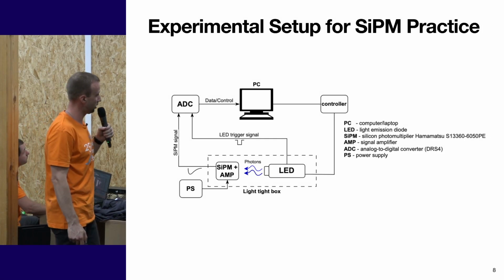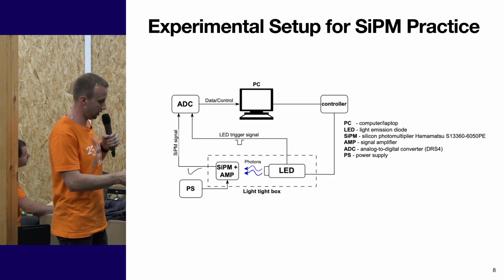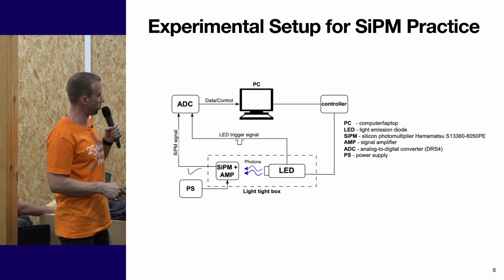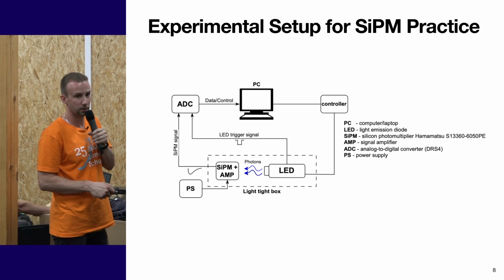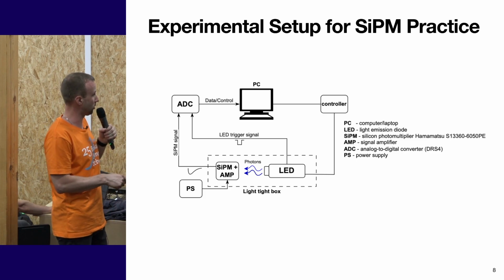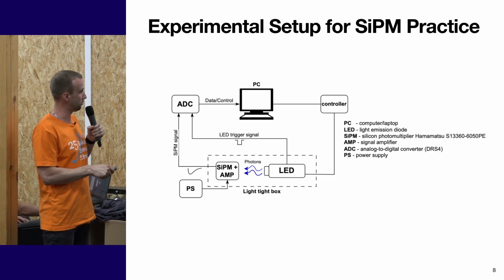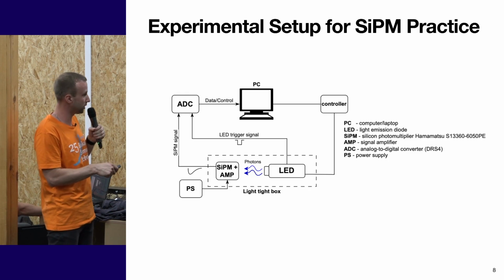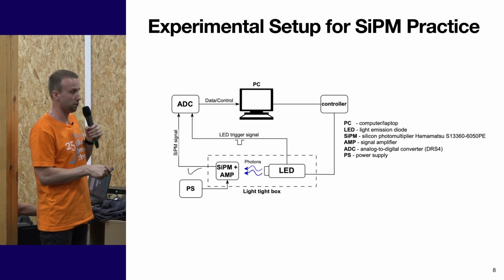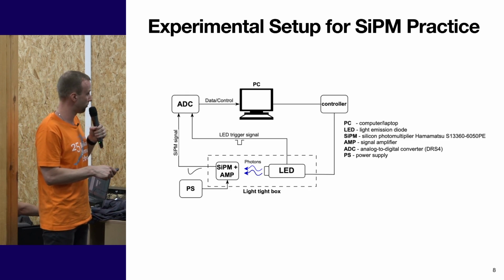This is the ADC software, and it also allows us to see the pulses. It's like an oscilloscope, allowing us to see the trigger signal which we use to trigger the ADC. And here we can see the pulses happening within the width of the trigger signal. Those signals are from the silicon photomultiplier.